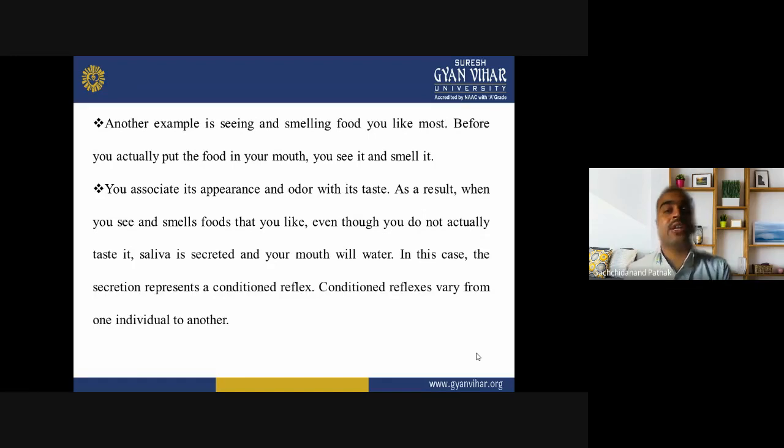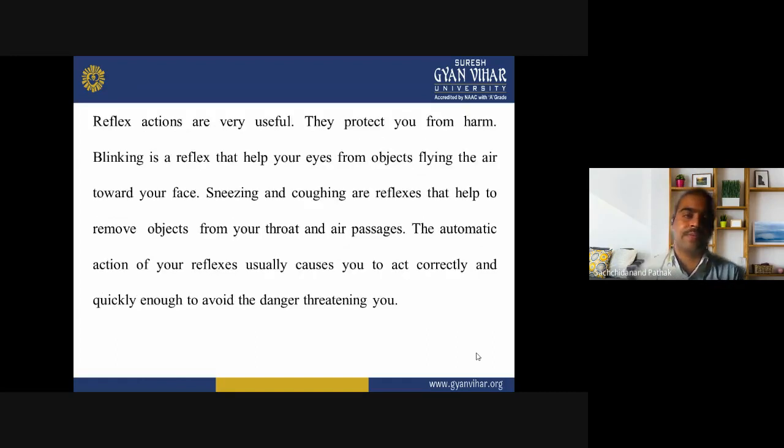So these are conditional reflexes. You associate its appearance and odor with its taste. As a result, when you see and smell the foods that you like, even though you do not actually taste it, saliva is secreted and your mouth will water. In this case, the secretion represents a conditional reflex, and conditional reflexes vary from one individual to another, because every situation is different.